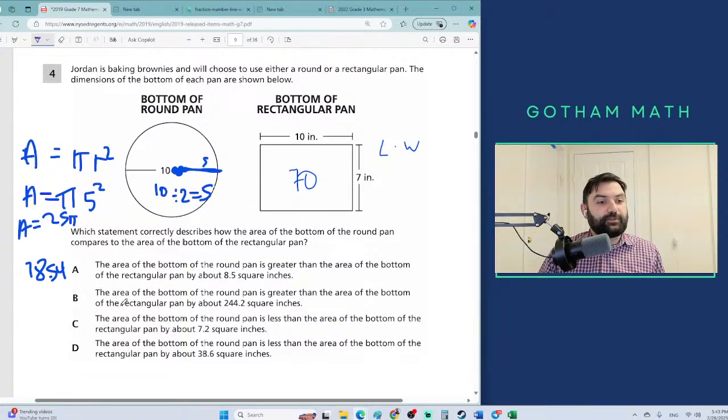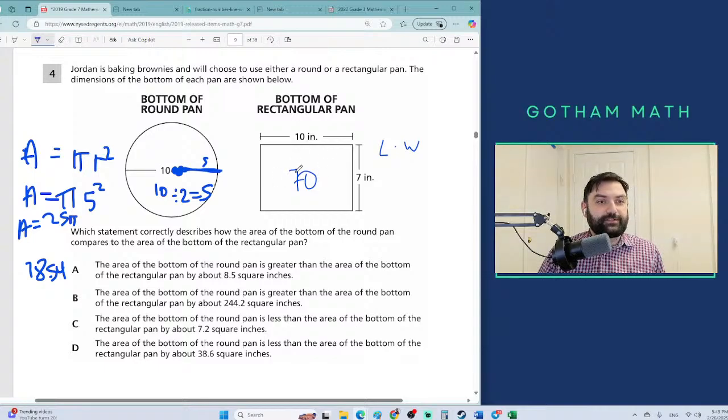Okay, so now let's find the correct answer. The area of the bottom of the round pan is greater than the area of the bottom of the rectangular pan by about 8.5 units. Is this true? Yes, it is. Why?